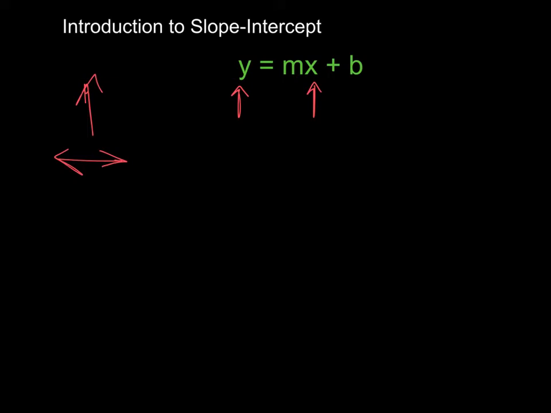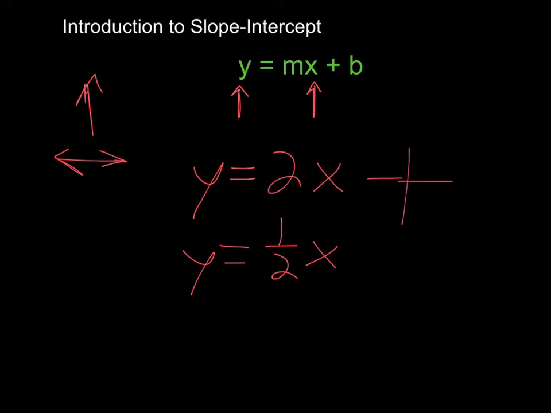Well, if you remember from a little while ago, we talked about a number in front of the x changing how steep a line is. So y equals 2x might have a really steep line like that. Y equals 1/2 x might be a little flatter, kind of like this.